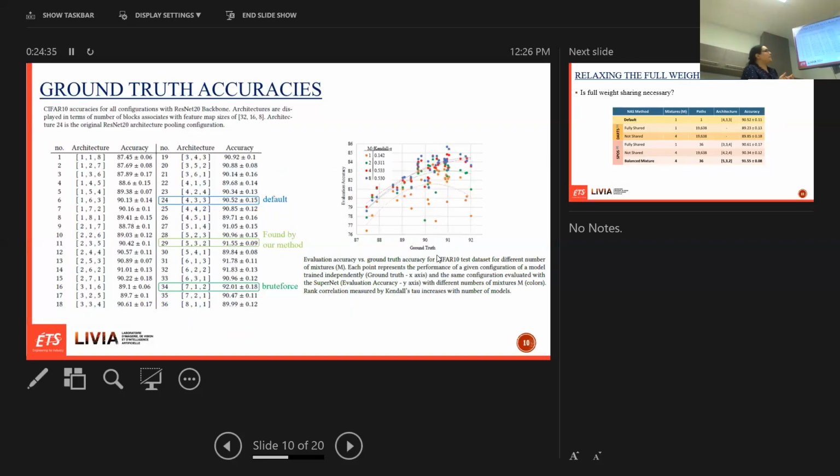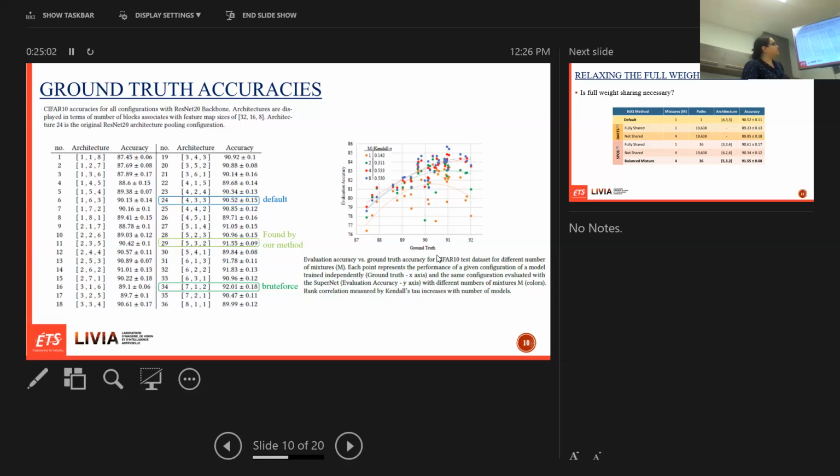So we calculated the accuracy of all the 36 configurations. Here it's the number of layers in each feature map size. Here we have 2 poolings, so we would have 3 feature map sizes.